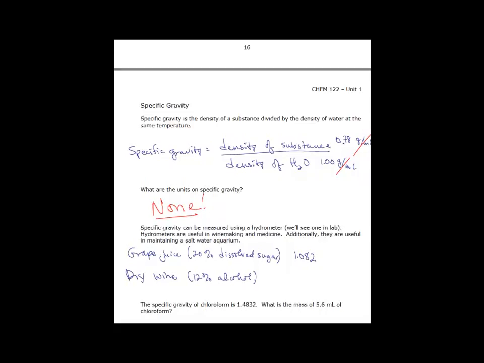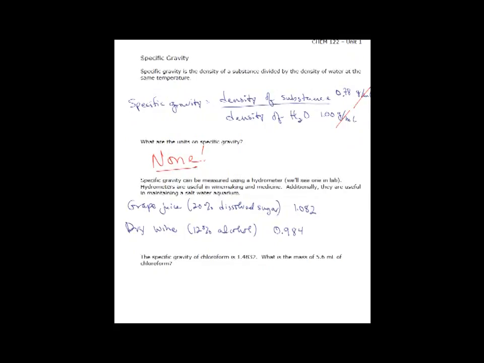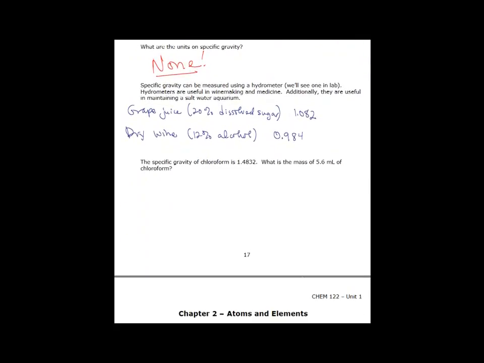Dry wine has a density of 0.984. So a hydrometer can be used to measure specific gravity, and you just have to submerge it in that liquid, and you can know pretty quickly whether you need to let your grapes ferment a little bit longer or they're done. So let's work a problem that involves specific gravity.